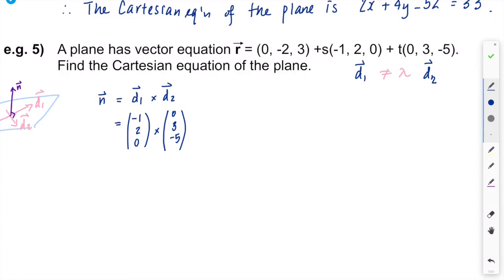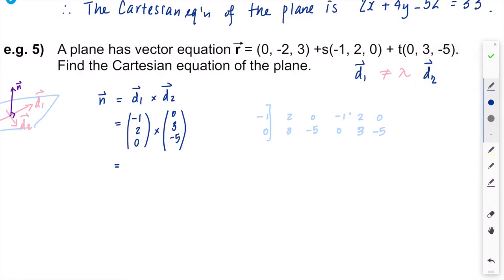So either using determinants or using the method by listing out -1, 2, 0, -1, 2, 0, 0, 3, -5, using either method, we can work out the cross product.